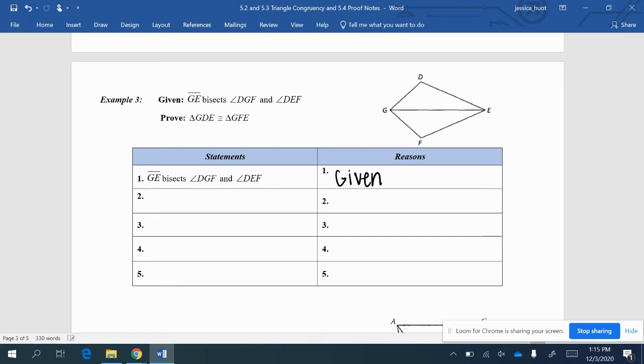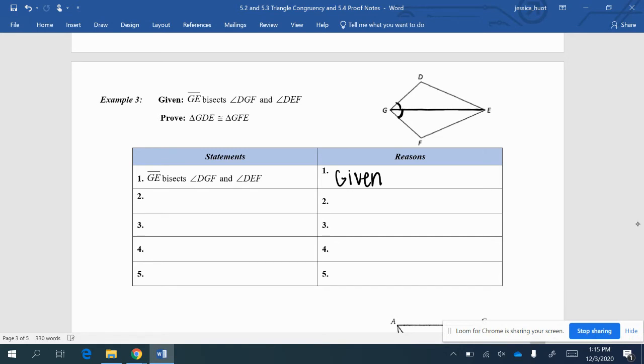Okay, so here, GE, which is this segment right here, bisects DGF. That means it cuts this angle exactly in half. So, cuts that angle exactly in half. This angle is congruent to that angle.